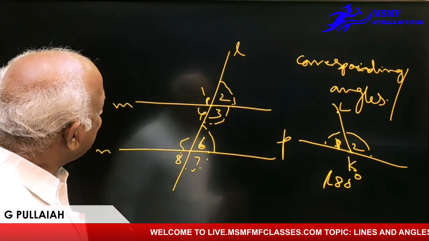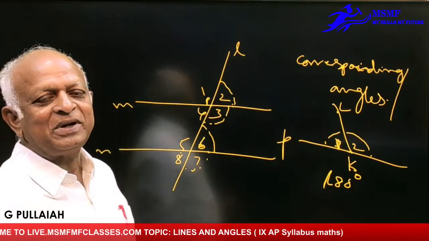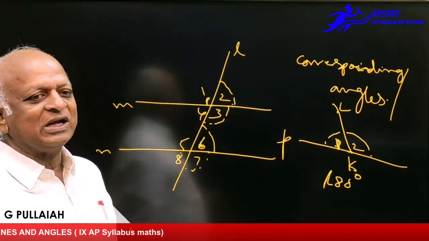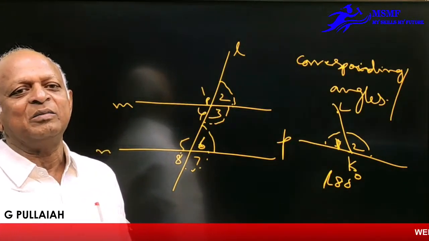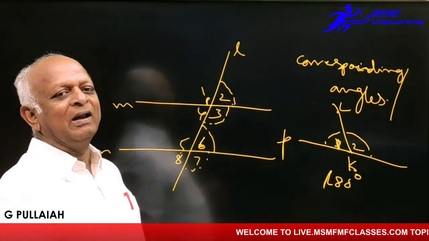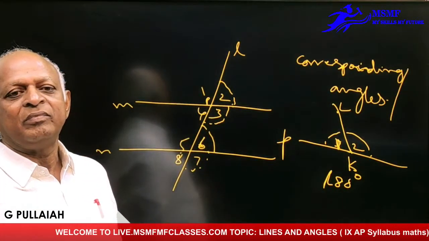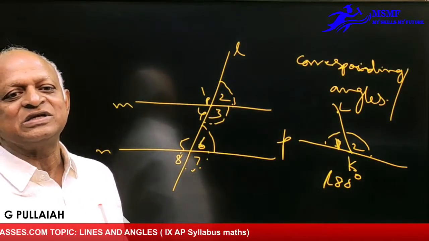So, another important point, let us say for example, M and N are the parallels. The parallels do not contain any common point. So here, if two lines are parallel and if a transversal is drawn, the corresponding angles are equal.